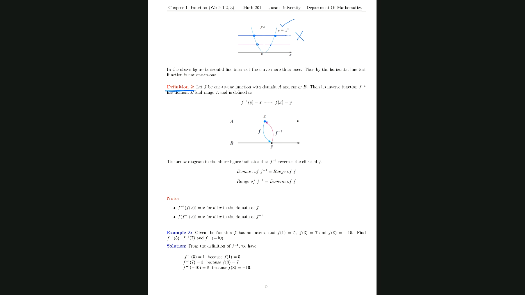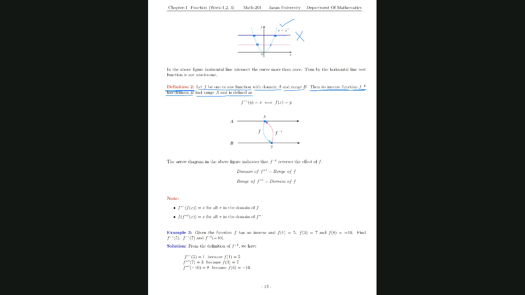Okay, so let f be a one-to-one function with domain A and range B, then its inverse, f inverse, has domain B and range A and is defined this way.